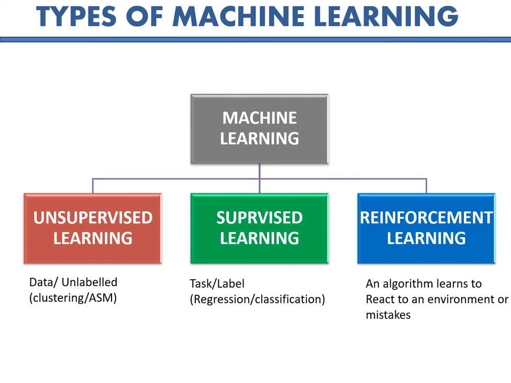So there are three types of machine learning available based on the data set. The first one is unsupervised learning, second one is supervised learning, and third one is reinforcement learning. So let's say you have a data set where only some features are given, like your salary, your age, your gender, and so on.